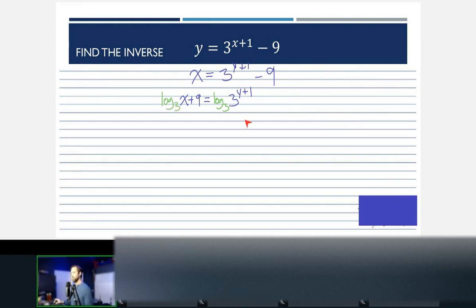We can only do this step, logging both sides, once you have this term by itself. Remember, our goal here is to free this y from the exponent. To do that, this needs to be by itself on one side. Don't forget your parentheses around the x plus 9. It does matter. It is very different without the parentheses.